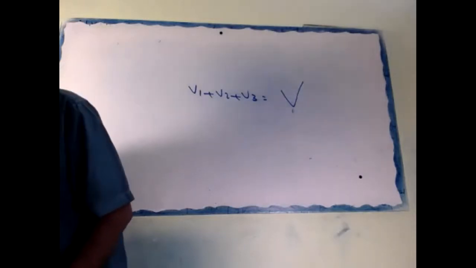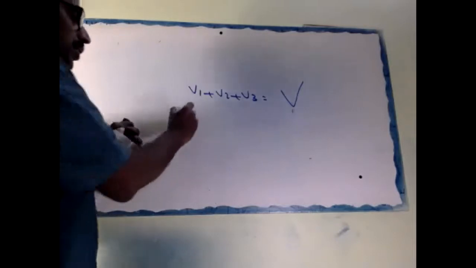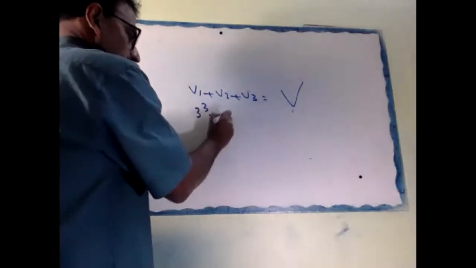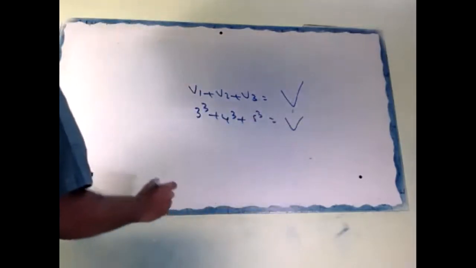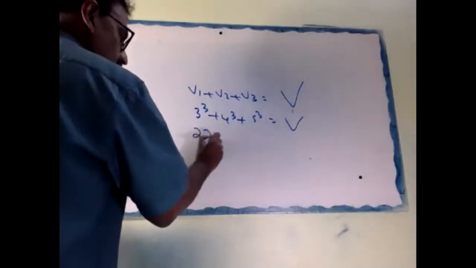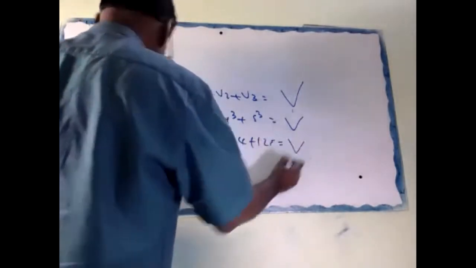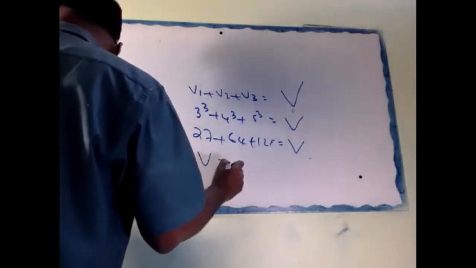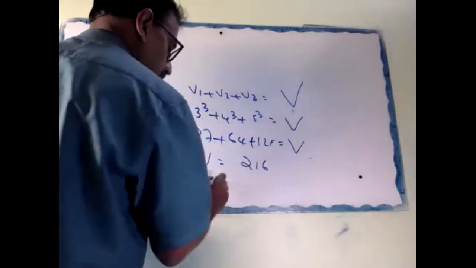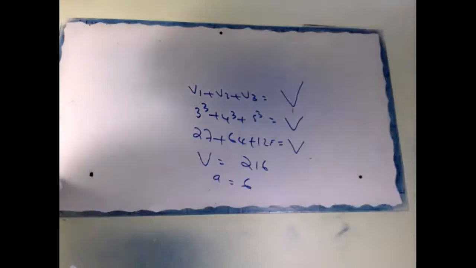So here, 3 cube plus 4 cube plus 5 cube equal to capital V. How much is that? 27 plus 64 plus 125 equal to capital V. The capital V equals 216. Therefore, side equal to 6. The side of the new cube is 6.